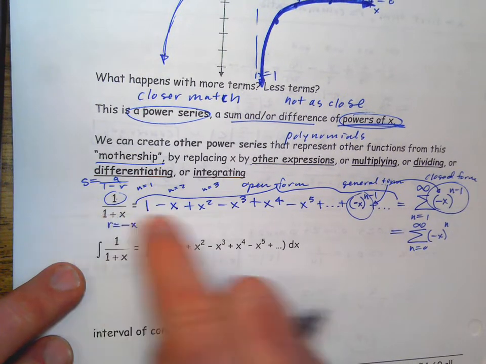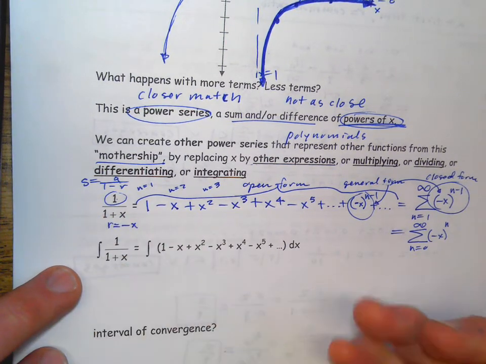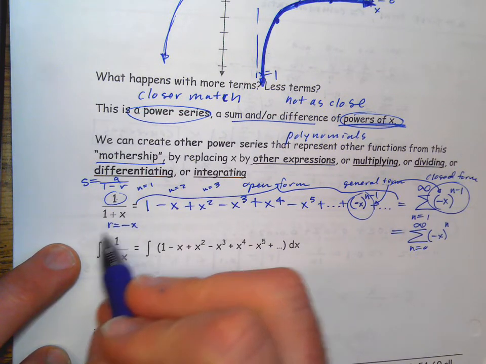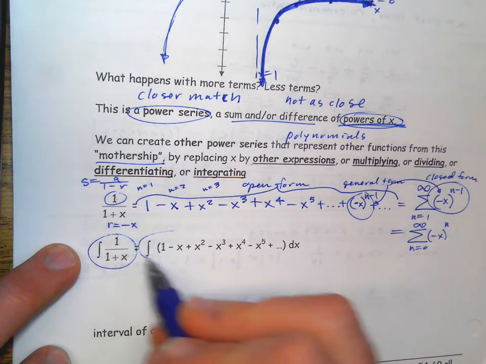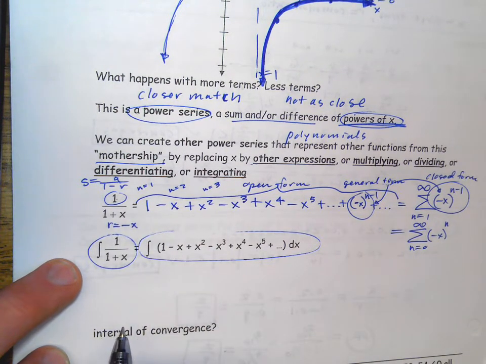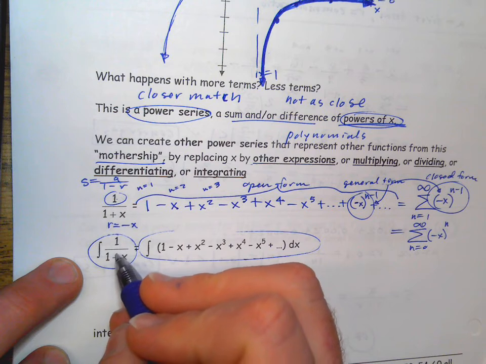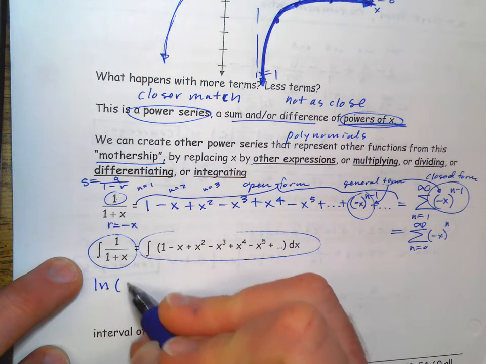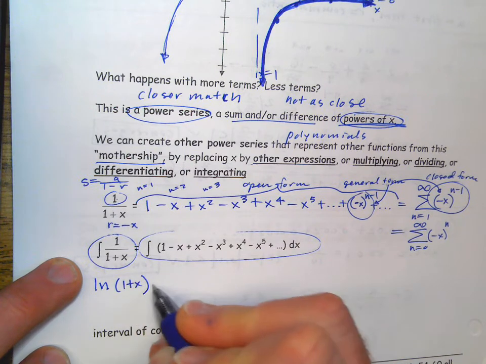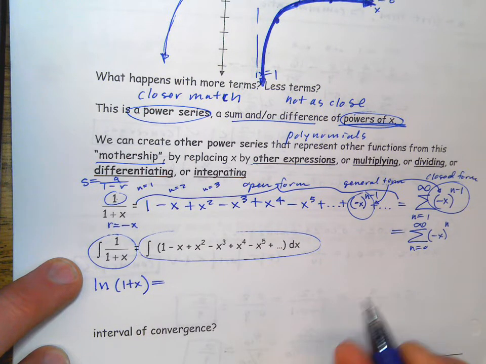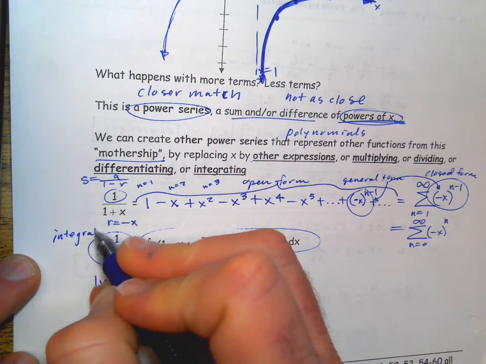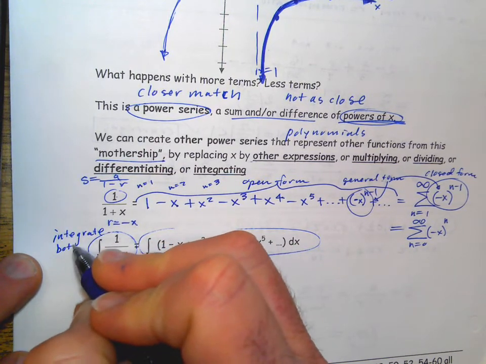If we integrate 1 over 1 plus x, which we know how to do, that means we could actually integrate this polynomial. The antiderivative of 1 over 1 plus x is the natural log of the absolute value of 1 plus x. So I'm going to integrate both sides.